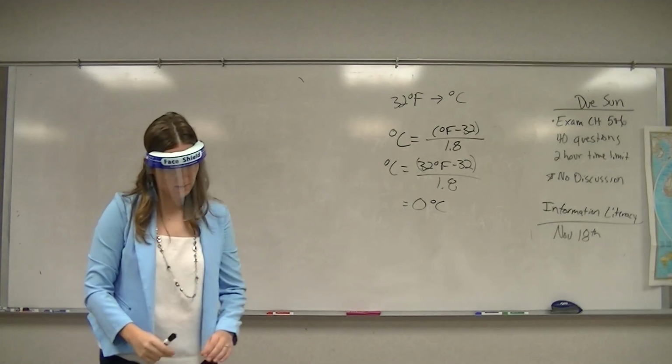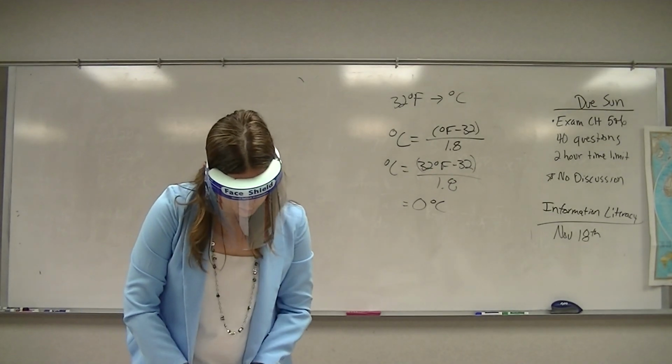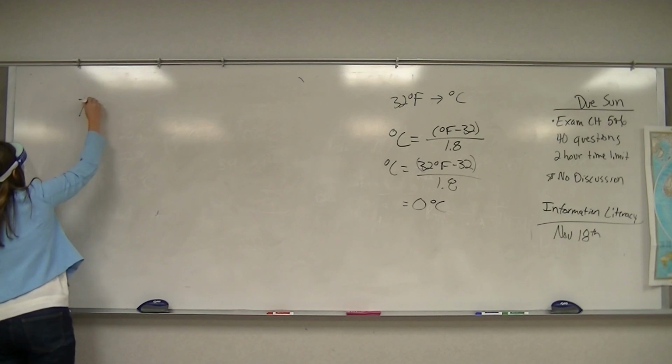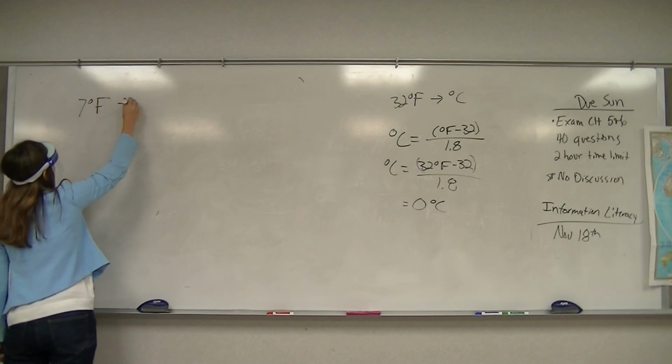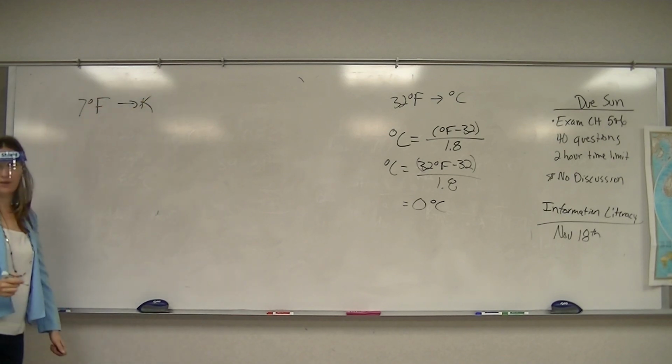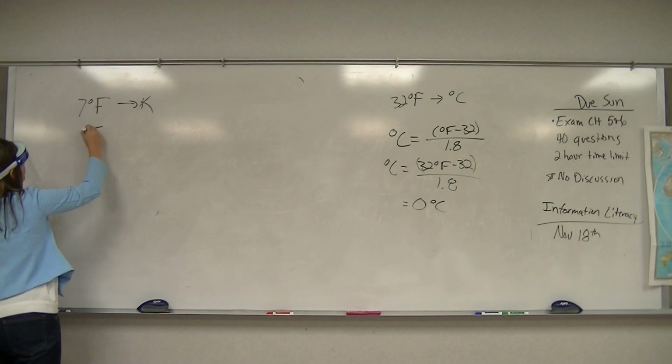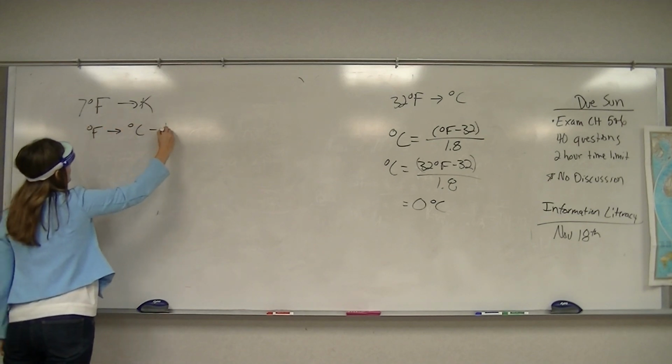We have 7 degrees Fahrenheit, and we're going to Kelvin. So this is the hardest type you'll see because you can't go directly from Fahrenheit to Kelvin. You have to go to Celsius first. So Celsius, and then I'm going to go to Kelvin.